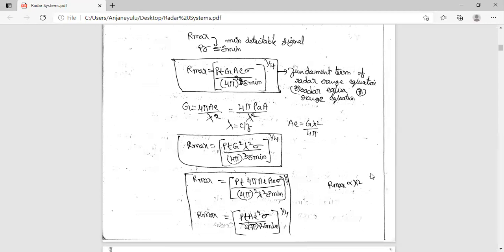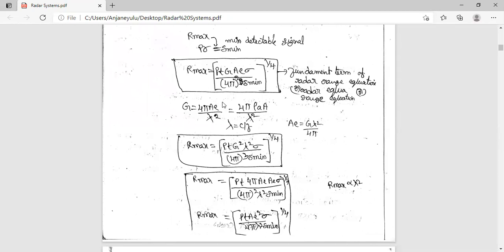Effective area is also called effective aperture, and lambda is the wavelength of the isotropic antenna here. So if the gain equals 4 pi into A_e by lambda squared, then we substitute the effective area value, 4 pi into rho A by lambda squared.